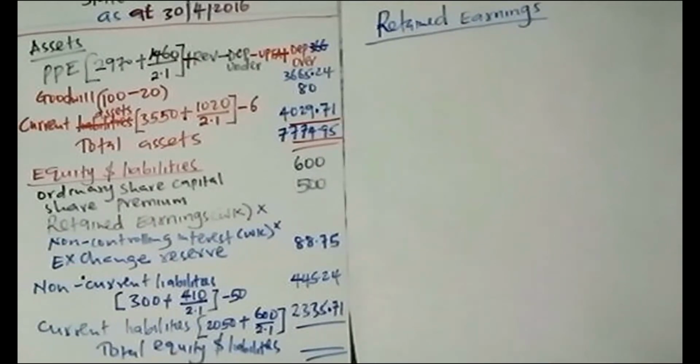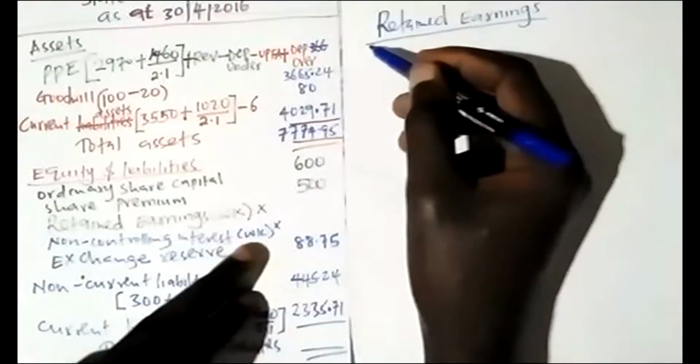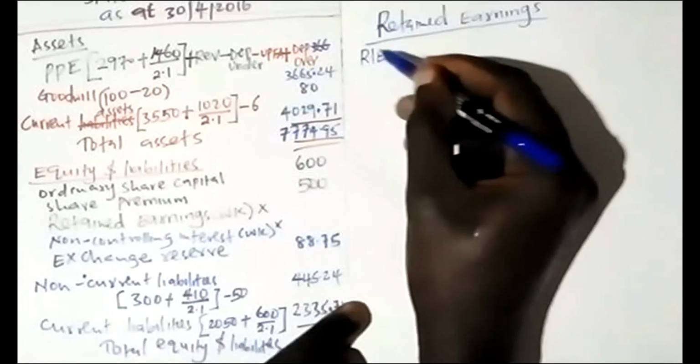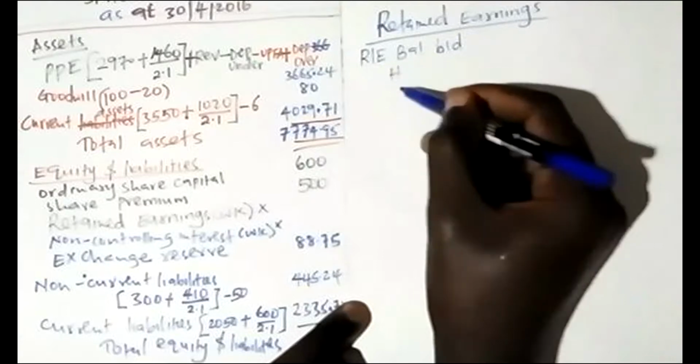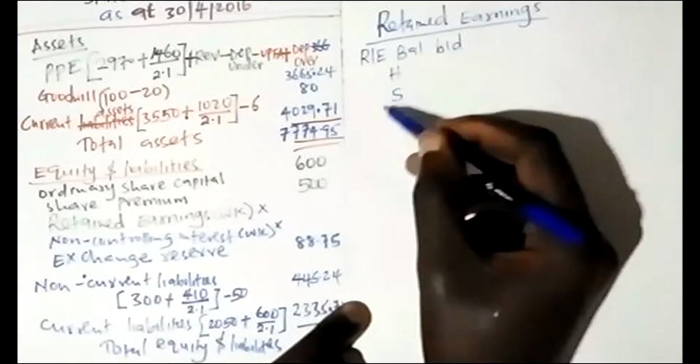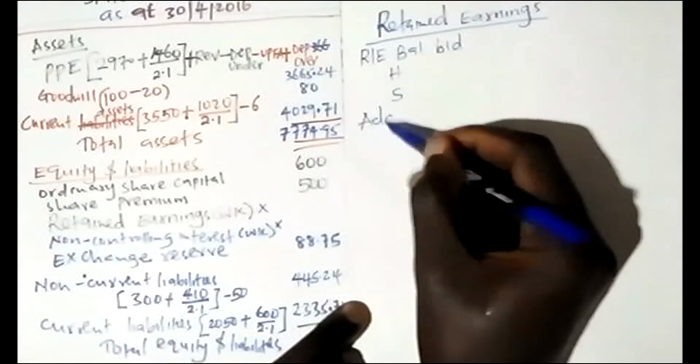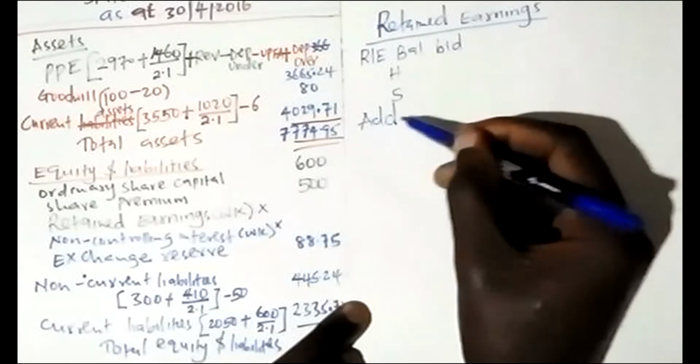So what I will be doing here is the same as if they could have asked you to do the statement of changes in equity. So we start with the retained earnings balance brought down for H and S, then you have to add profit for the year.